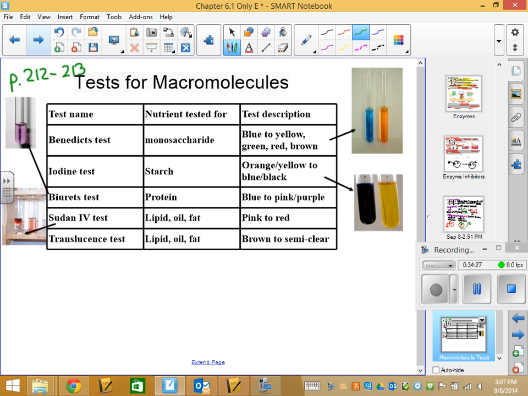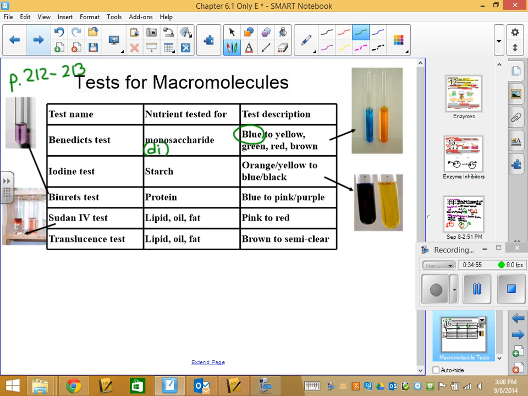The first test that we'll use in the lab is called the Benedict test. It tests for, quite specifically, mono and sometimes disaccharides. So it's testing for small sugar or carbohydrate molecules. Now the Benedict's test starts off blue.